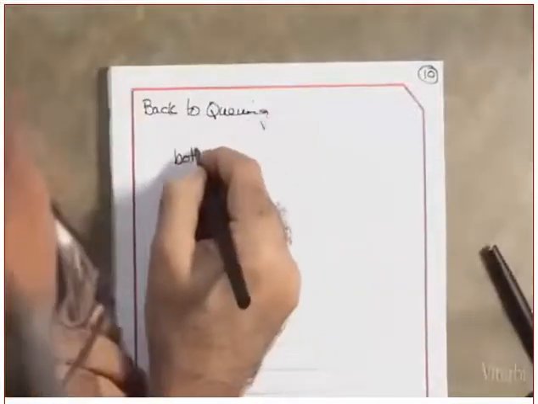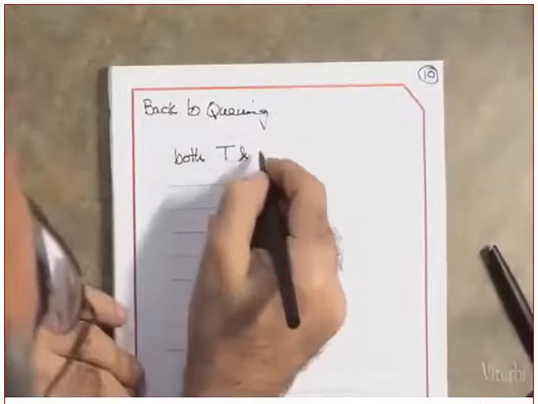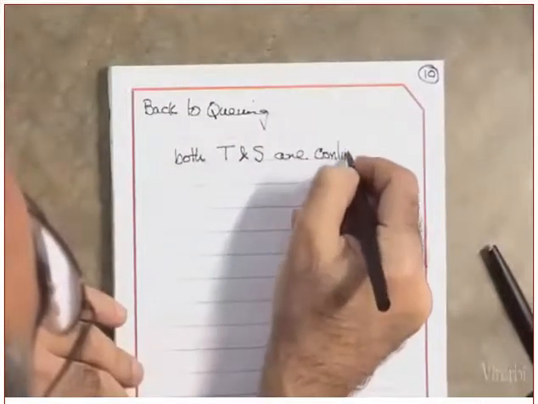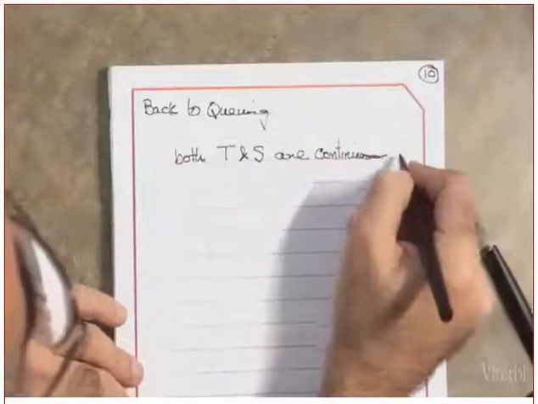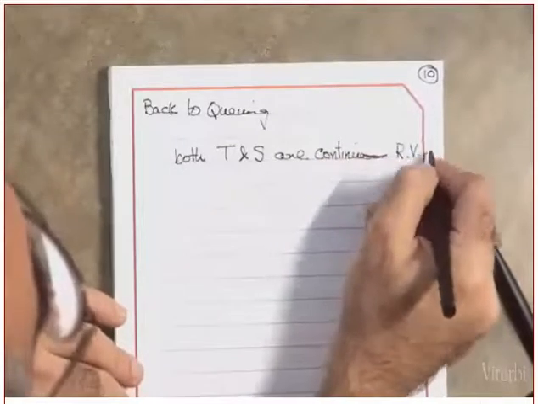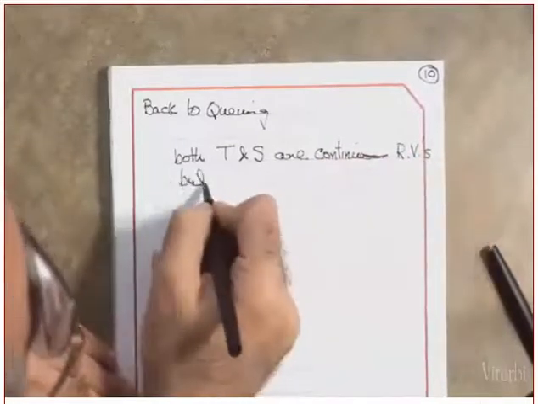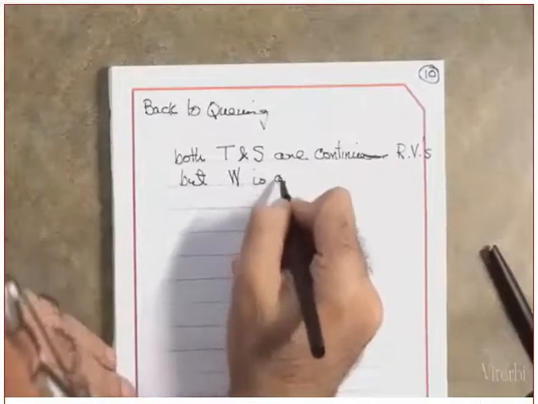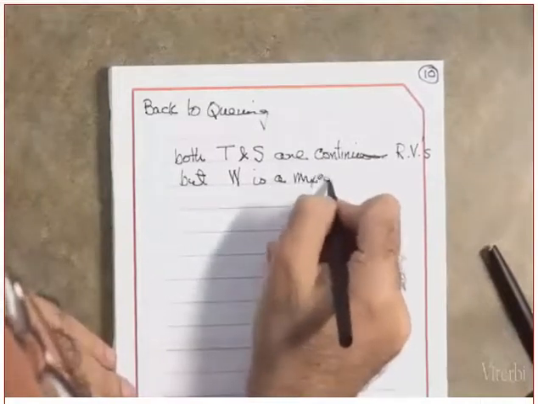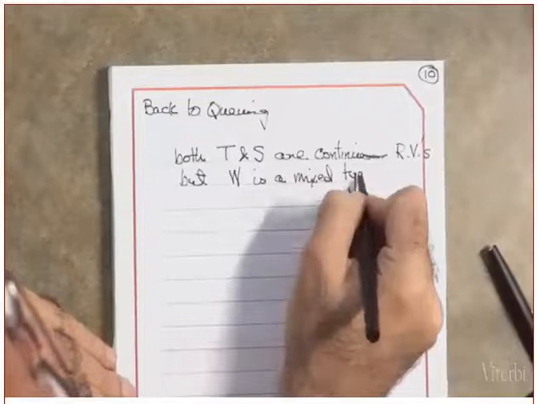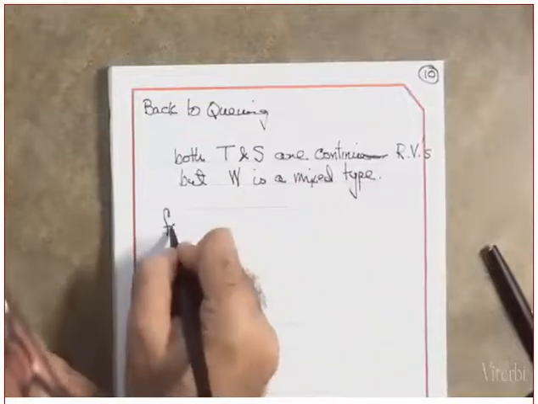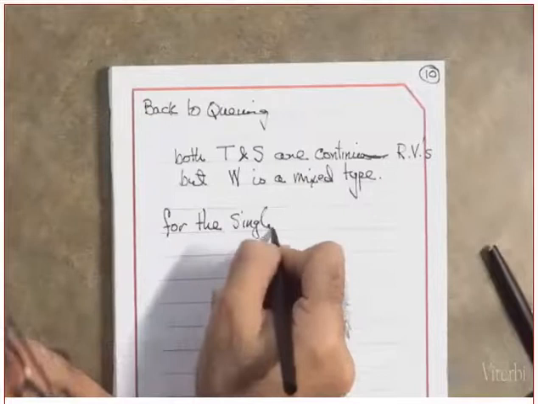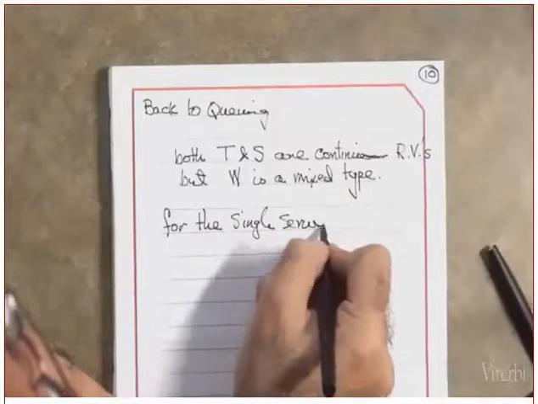Both T and S are continuous random variables, but W is a mixed type for the single server case.